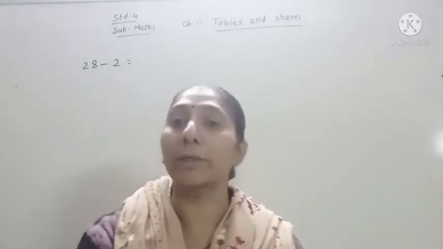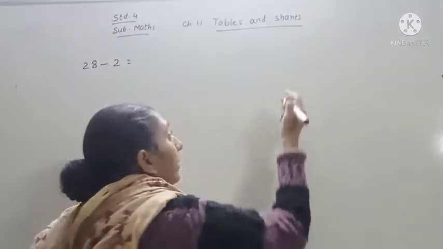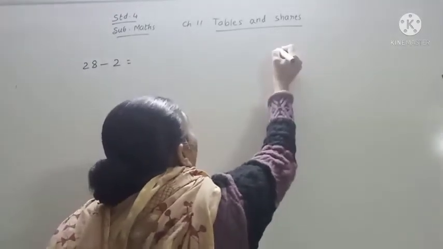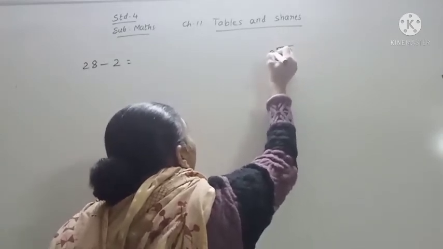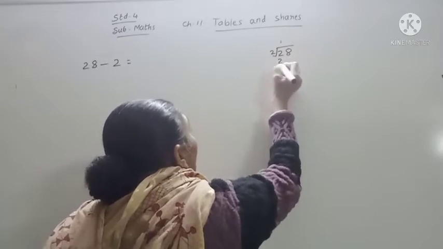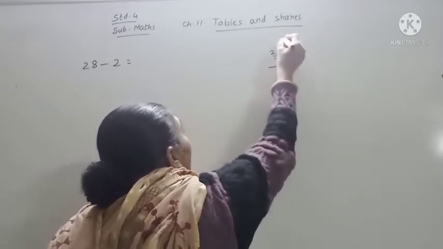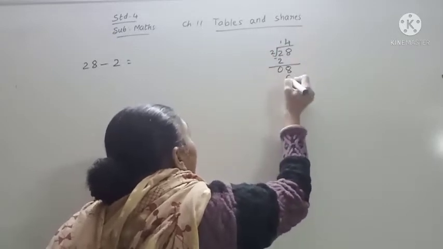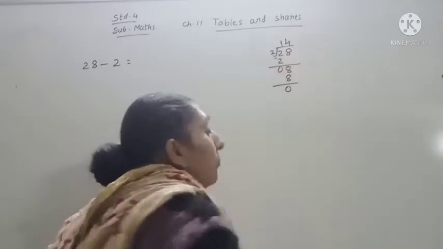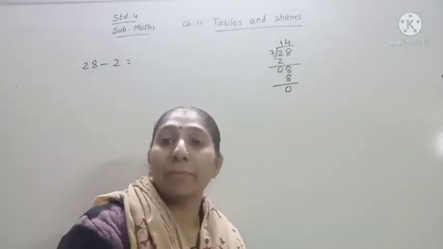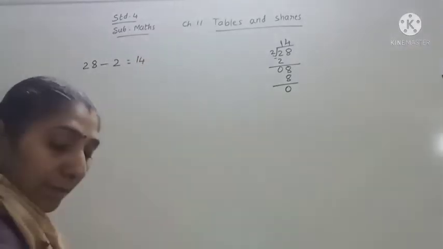But if you don't know the tables, you can solve this with the help of division. 28 divided by 2. 2 ones are 2. 2 minus 2, 0. Take 8 down. 2 sevens are 14. 14 minus 14, 0. So what is the answer? 14. 28 divided by 2 is equal to 14.